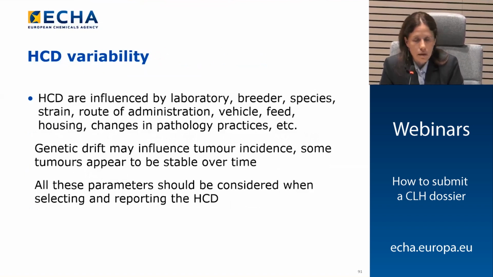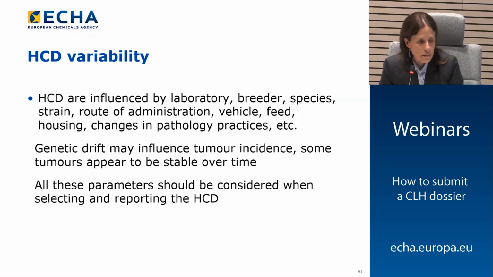We all know that historical control data can vary and are influenced by several factors, among which the laboratory, the breeder, the species, the strain, the route of administration, the housing conditions, and plenty of other things. Pathology naming has also changed over the years, so something that was labeled as an adenoma may have changed name 10 years later.